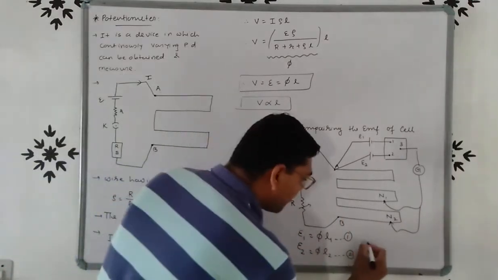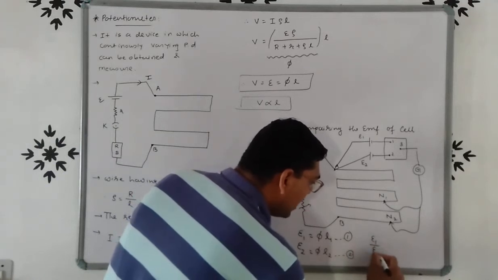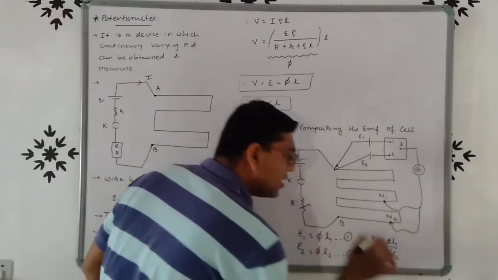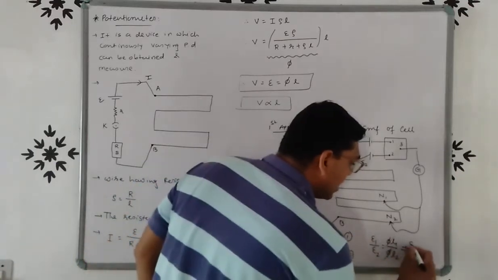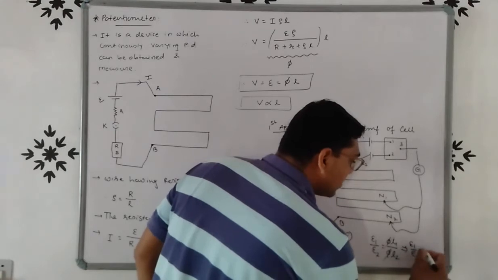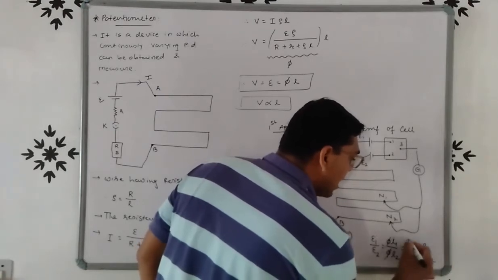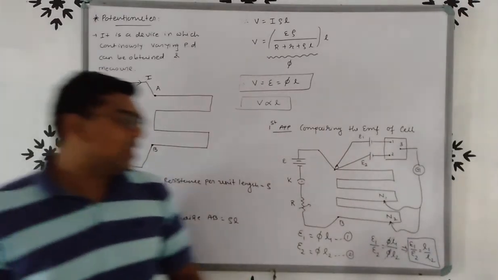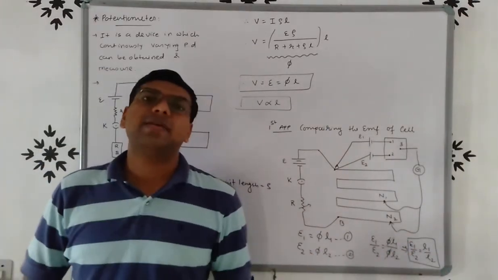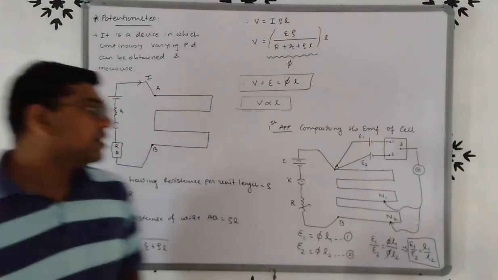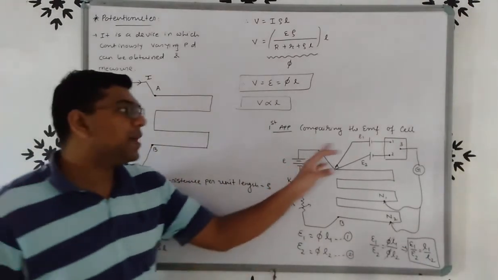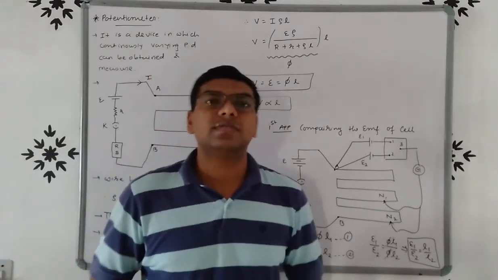So we get E1 upon E2 is equal to L1 upon L2. With this formula we can compare the EMF of cells. So this is the first application of potentiometer, to compare the EMF of cells.